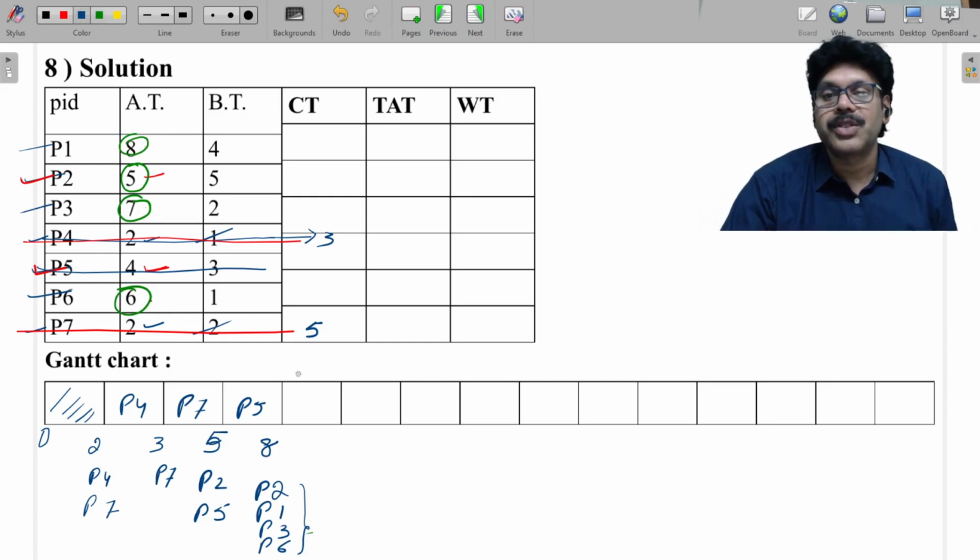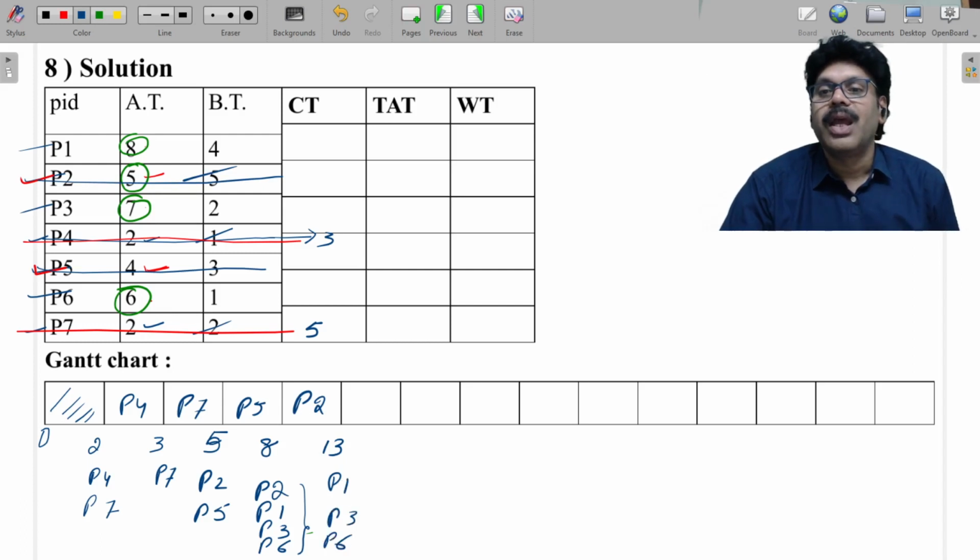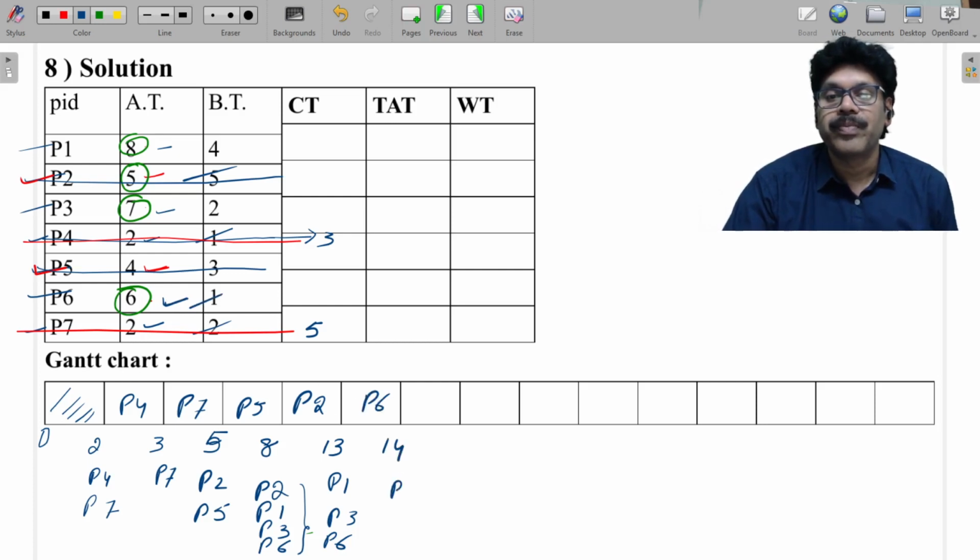So P2 is dropped in and P2 executed 5 units of time. So 8 plus 5 is 13, and then P1, P3, and P6. Among these, P6 has come earlier. So P6 is executed for 1 unit of time, 14.